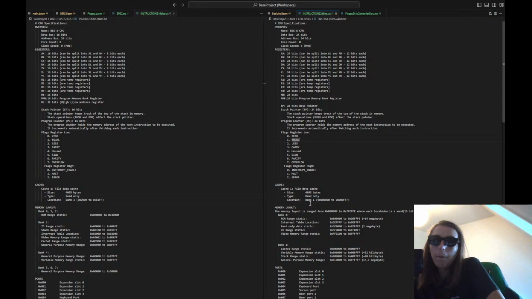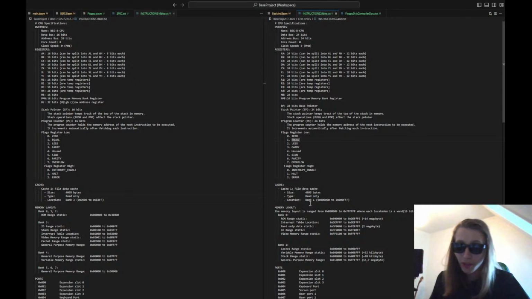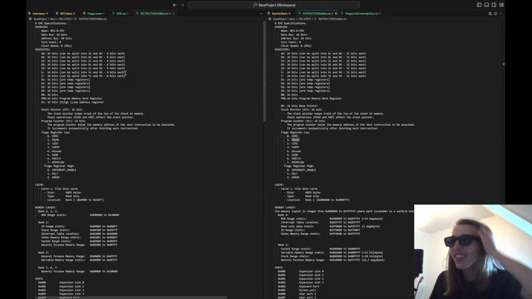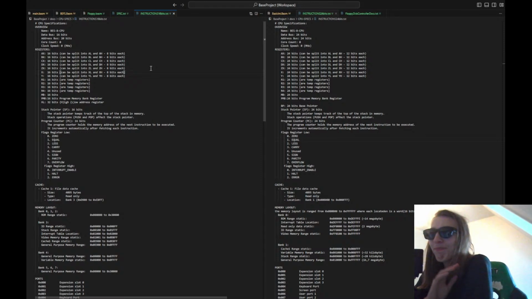I was trying to make a C compiler for this CPU, which I still haven't done. It's called the BES8, and there's a lot of scope creep here.